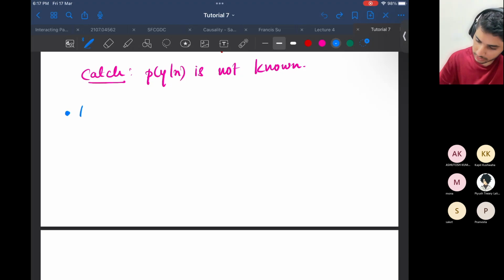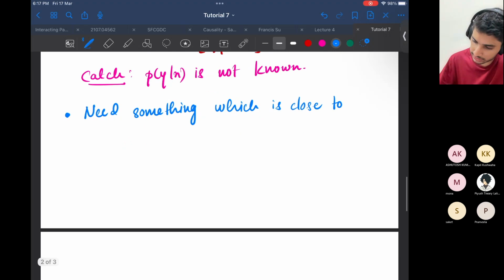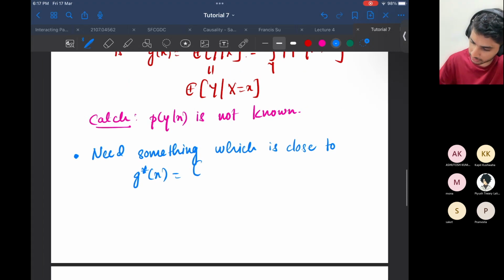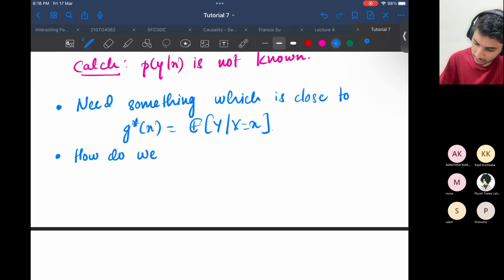The question is, we need something which is close to, let me call this G star of x, which is equal to the expected value of Y given X equal to small x. We need something like this. But then the question is, how do we quantify closeness?